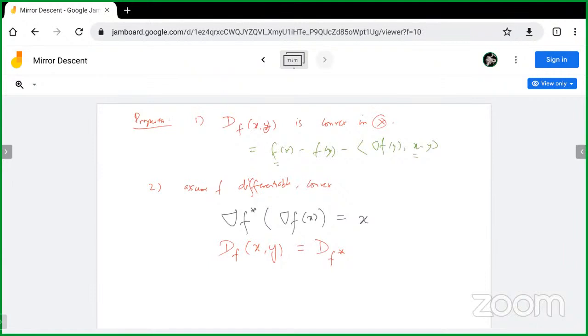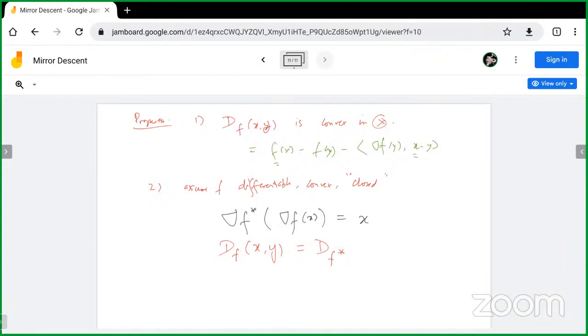Then f star will also be differentiable, though for some functions it may not be, wherever it is not infinity. The linear function is an example. The other condition I've been writing is that you also assume that f is closed, so you remove these boundary cases.